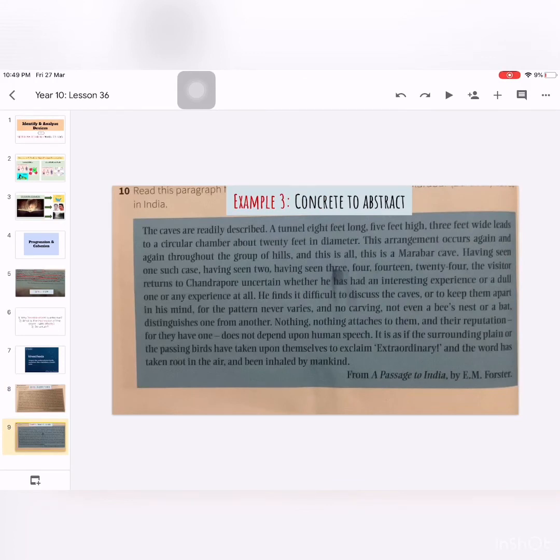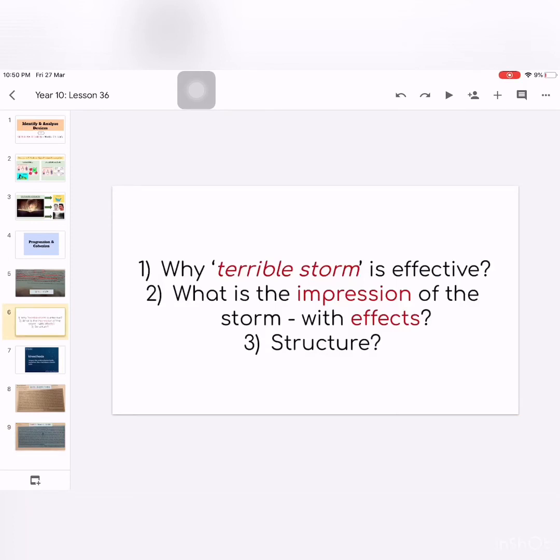At first, you need to find effective phrases, especially adjectives that the writer used. And then you can answer this question: why are these descriptions or adjectives effective, what is the impression of those descriptions, how is it effective, and the structure.